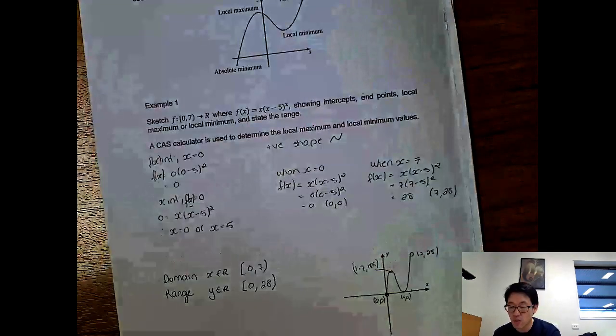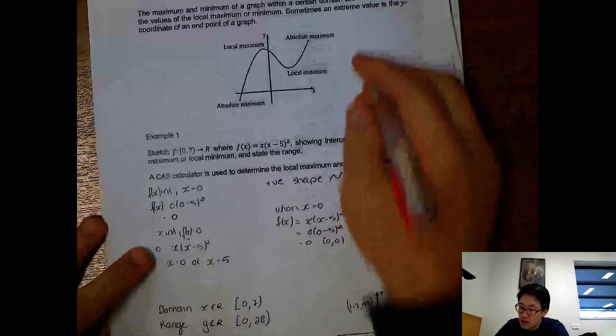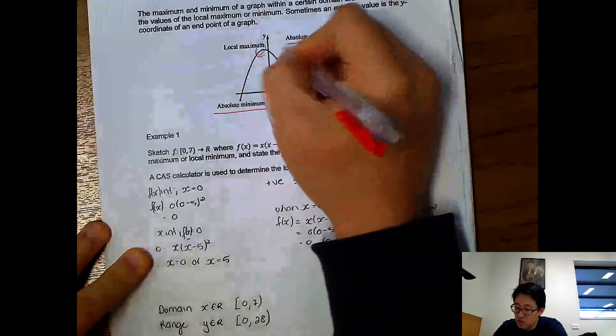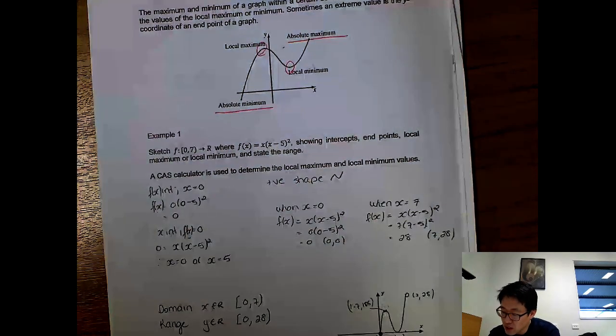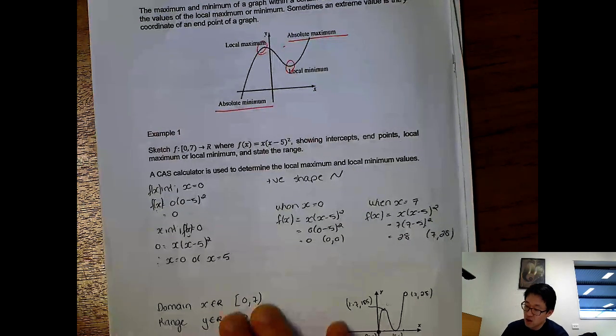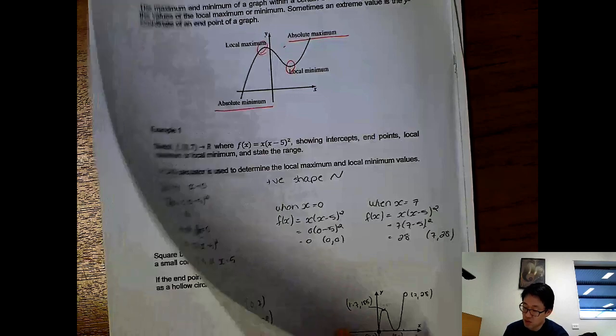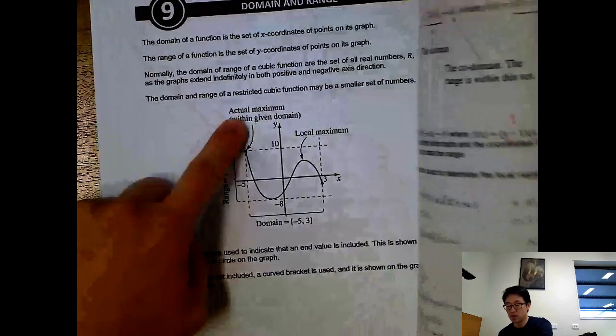Good job. In the same way, they actually did that here. Actual maximum depends on the graph. So you need to just remember local maximum can be absolute maximum or actual maximum. Local minimum is absolute or actual. You can use both languages here.